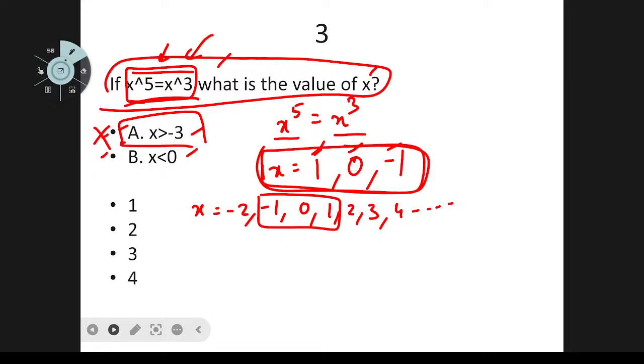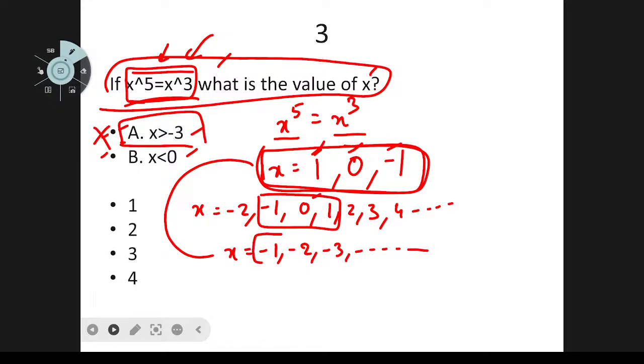Now, x is less than 0. If x is less than 0, that means it cannot be 0 definitely. It can be -1, -2, -3, up to any infinity, but it has to be less than 0. Now, if I compare these two, what is the only value which is possible?